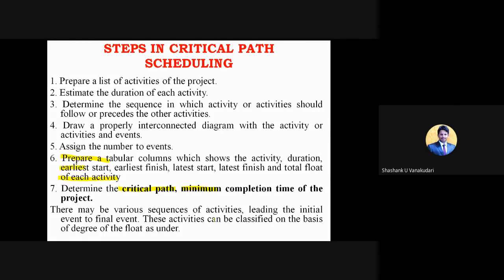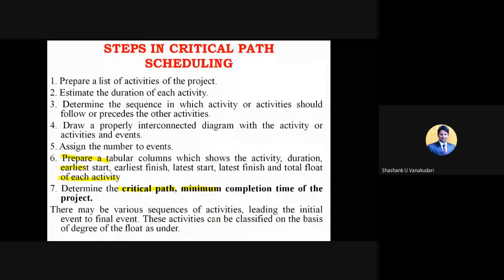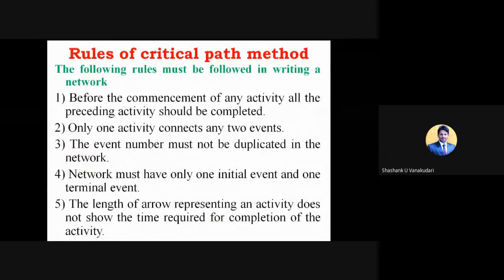Similarly, it is going to apply for other activities also. That is, for one path and another path, how many durations it is going to consume, and whatever gap is obtained from one activity to the other activity, we can call it float. Okay. And rules of critical path method we'll be studying in the next class.